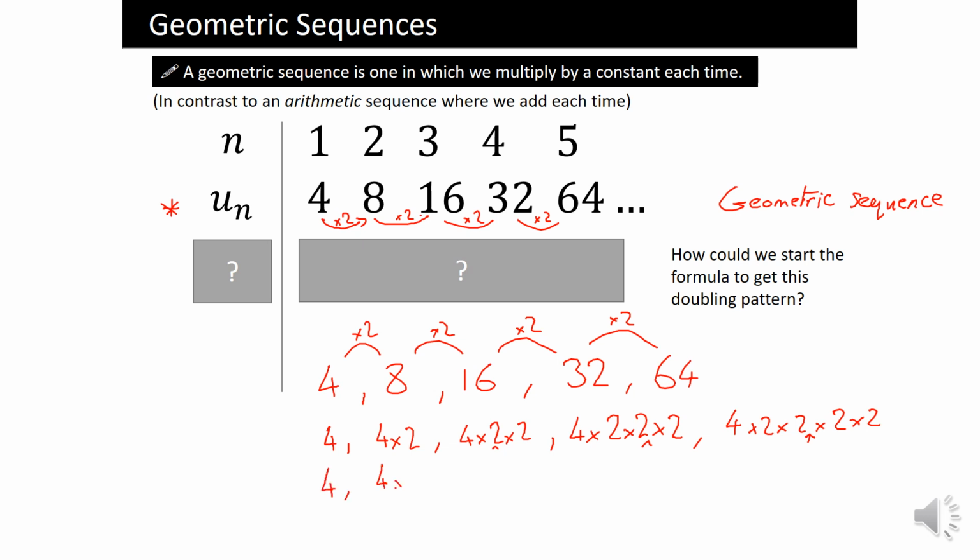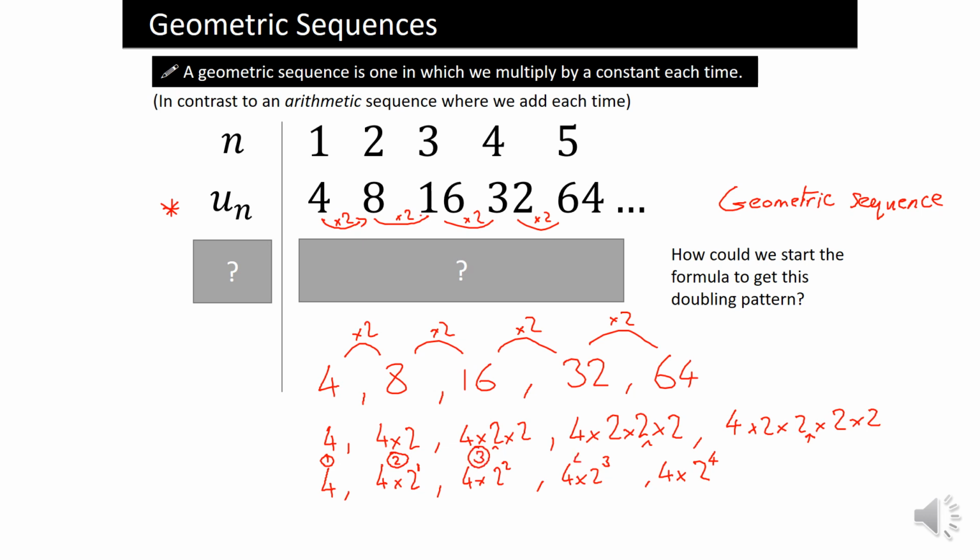So we've got 4 times 2, then we've got 4 times 2 squared, 4 times 2 cubed, 4 times 2 to the 4. Okay, so what we can see is that the power of 2 is always linked to the position. This is position 1. This is position 2. I'll just write it as 2 to the power of 1.